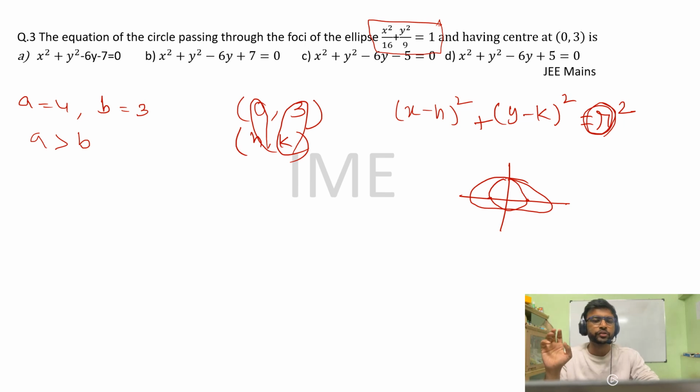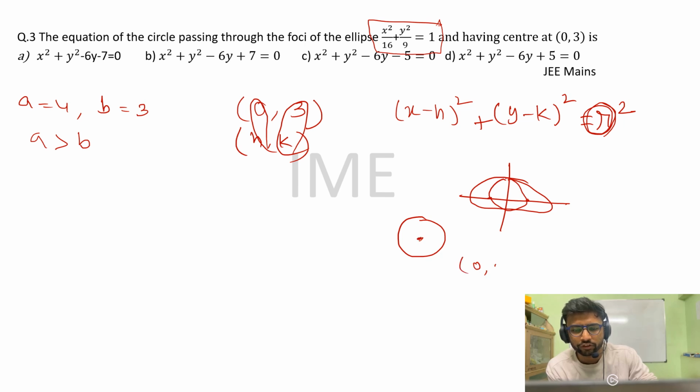The circle is passing through the foci. If we take S and S dash, we have two points on the circle.